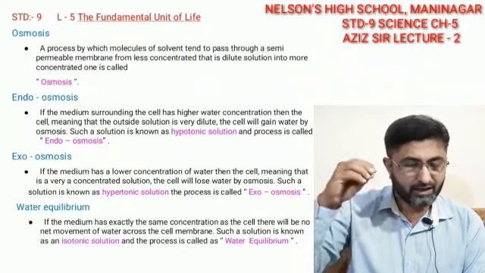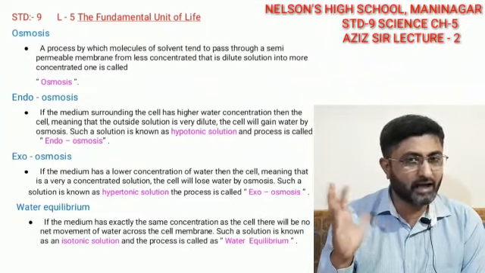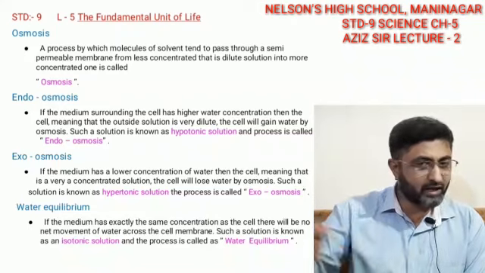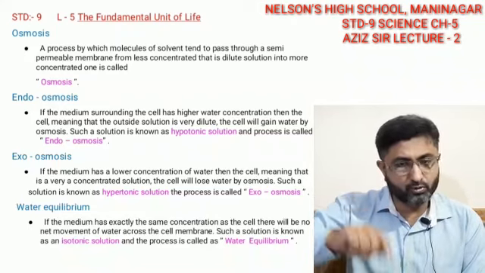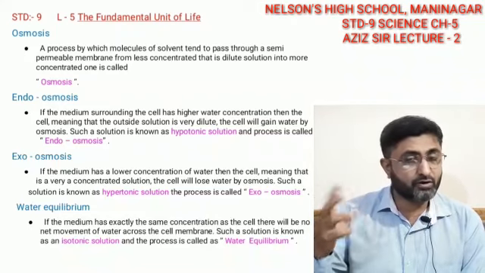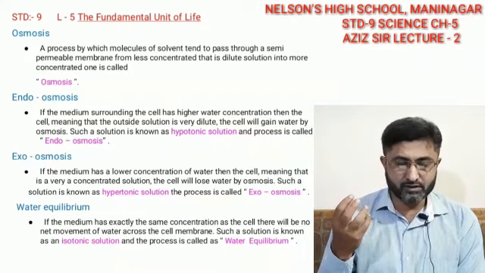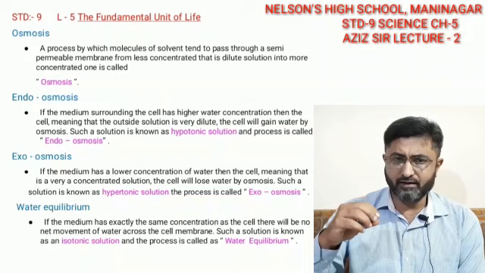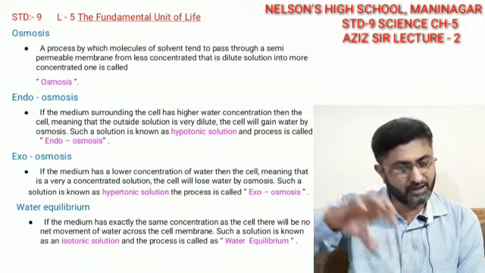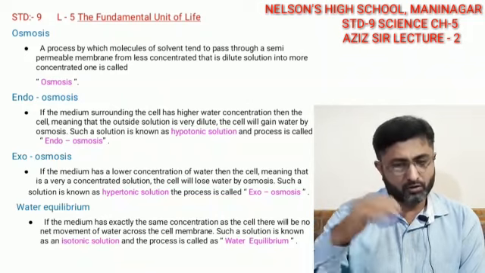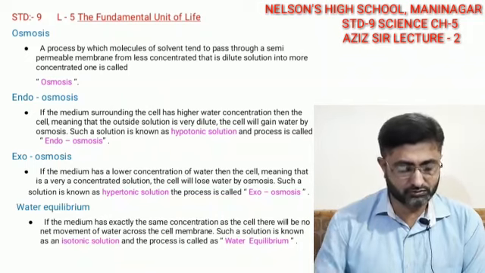Now if I keep a small amount of salt, we say it's dilute. If I take a very large amount of salt and go on adding it, we use the word concentrated. When we take sharbat, we also take it either dilute, that means less solute, or more concentrated, that means more solute.